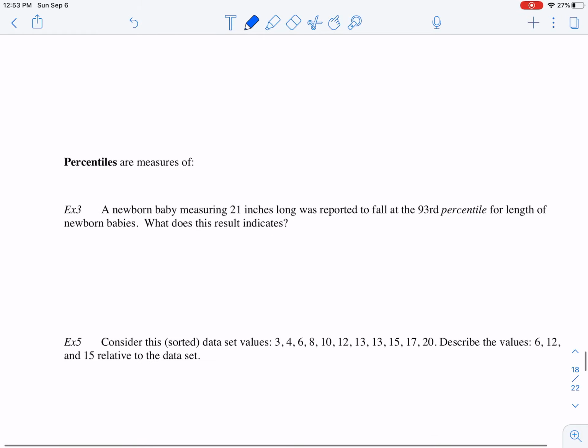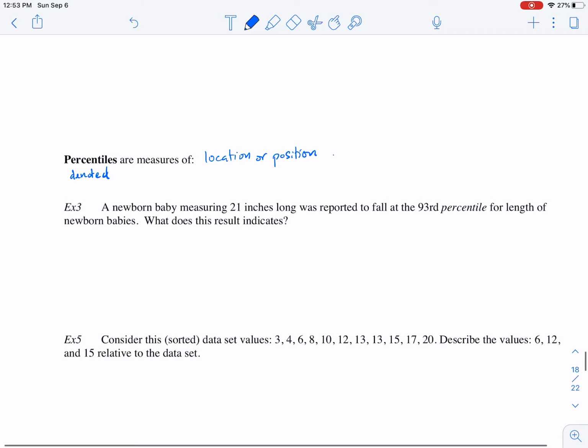Okay, so measures of location or position. And then it's often denoted by p sub 1, p sub 2, p sub 3, all the way up to p sub 99.